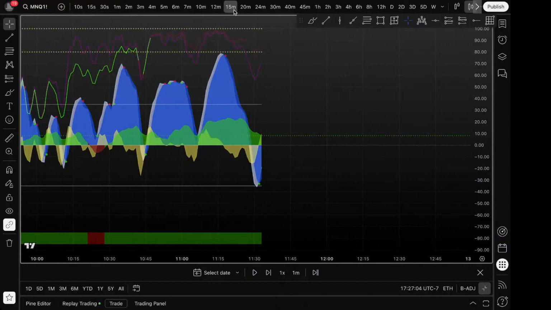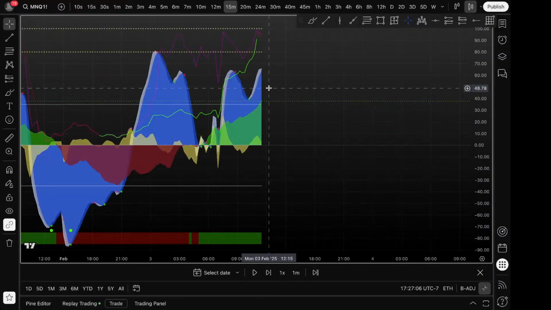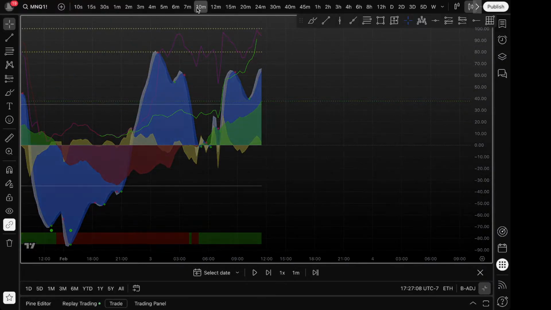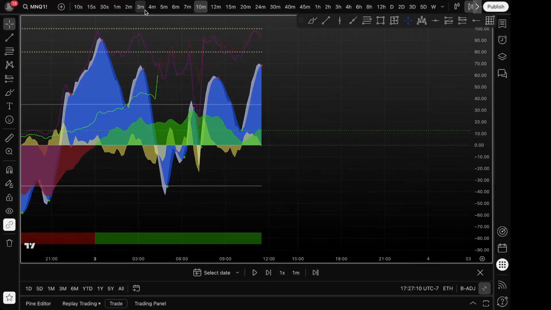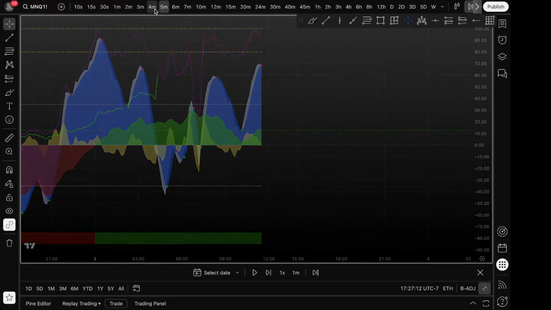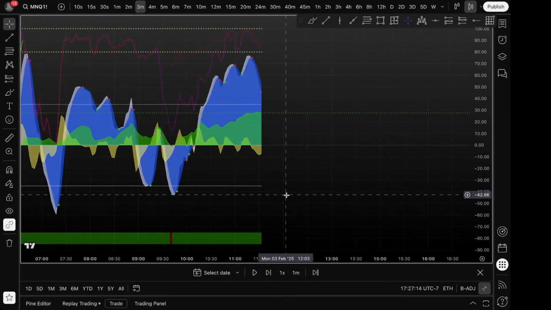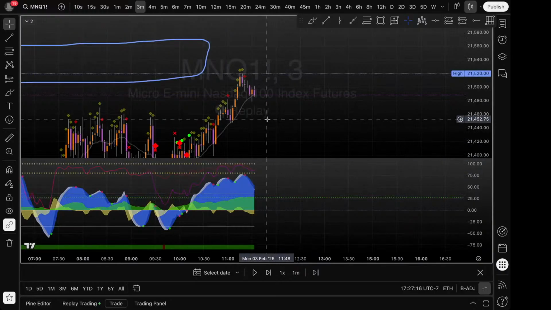Does my 15 still look good? Nope. Missed my shot.